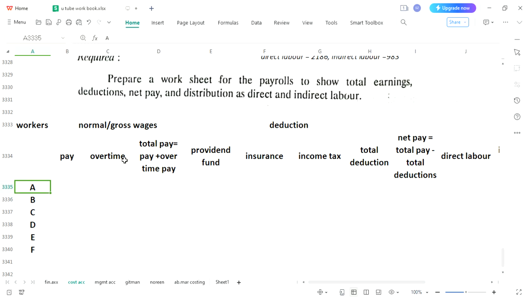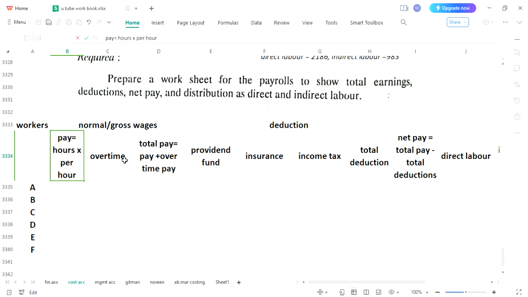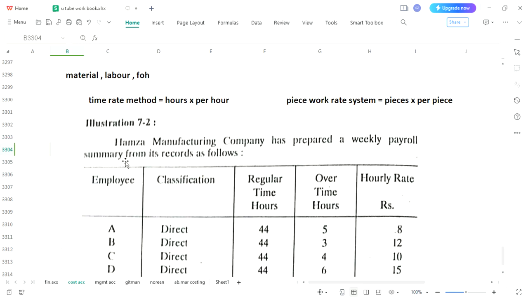So for pay, you will be calculating it as hours worked into per hour rate. Go to the question and you can see that regular time is 44.